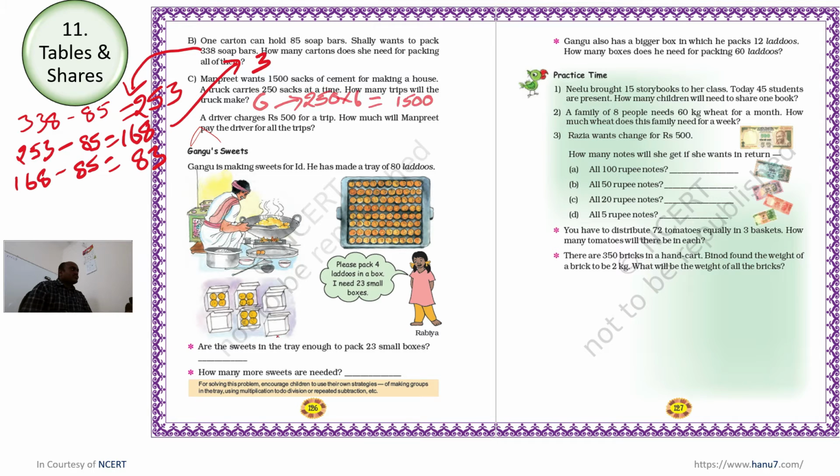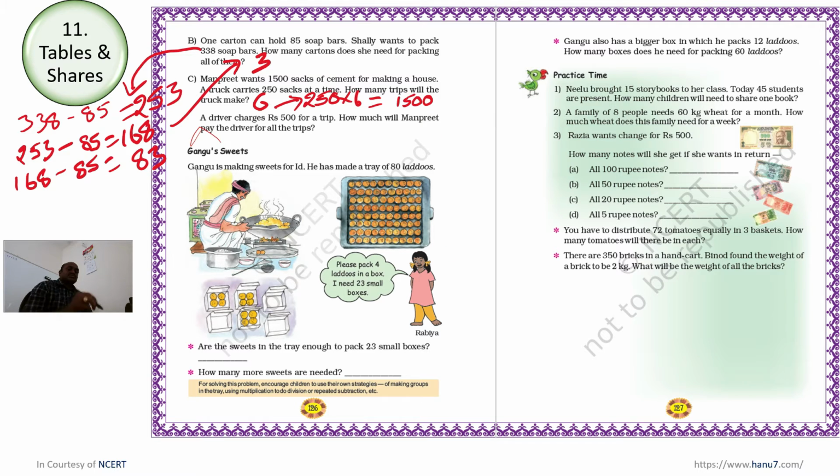If you do it with the repeated subtraction method, you will also get the same answer. 1500 minus 250 is equal to how much? Then whatever the answer you get, 1250 minus 250, you will get 1000. 1000 minus 250, 750.